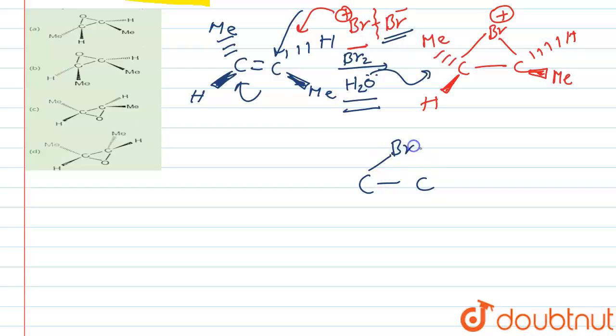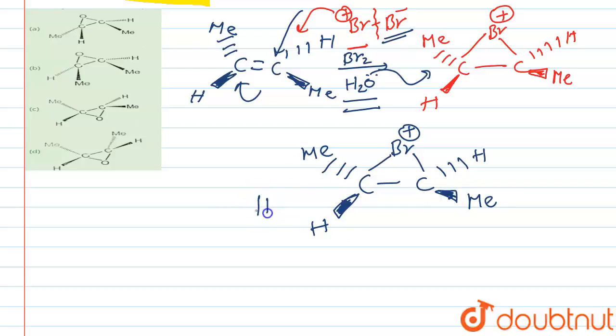So when H2O attacks, I am drawing the scenario like this. We have the positive cyclic bromonium ion, with methyl and hydrogen down the plane, and hydrogen and methyl above the plane. H2O has a lone pair, so it attacks here and this bromine bond gets dissociated in this way.